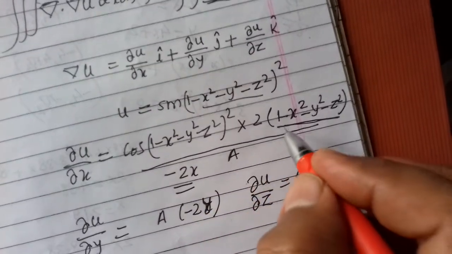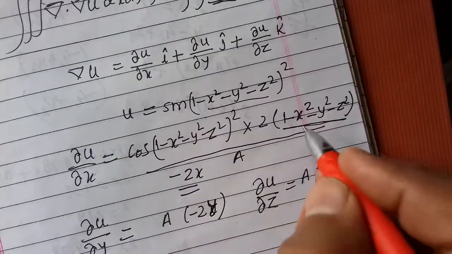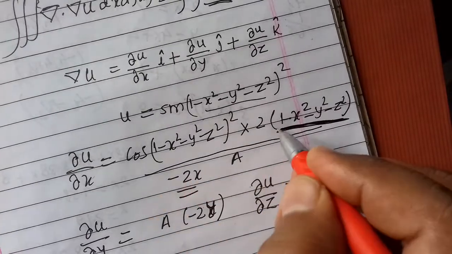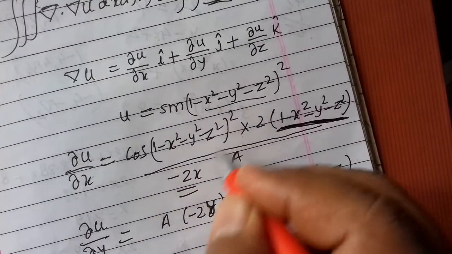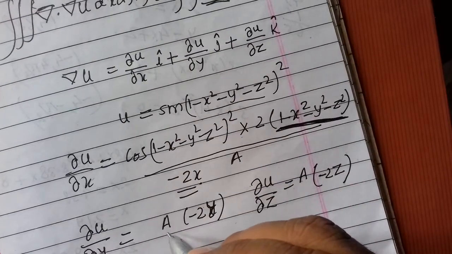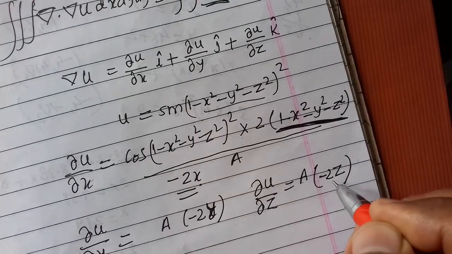So you see that this thing is 0, so a is 0, and 0 into minus 2x will be 0. Similarly here 0 into minus 2y will be 0. Here will be 0 into minus 2z, 0.